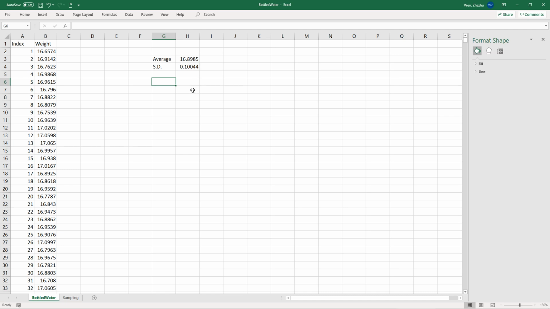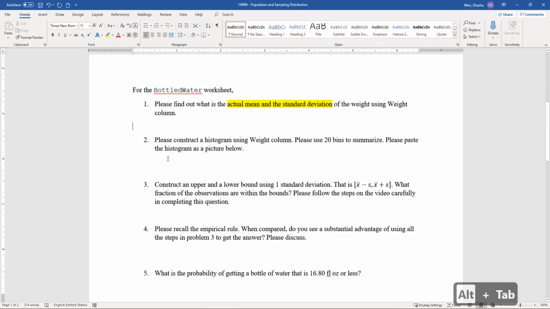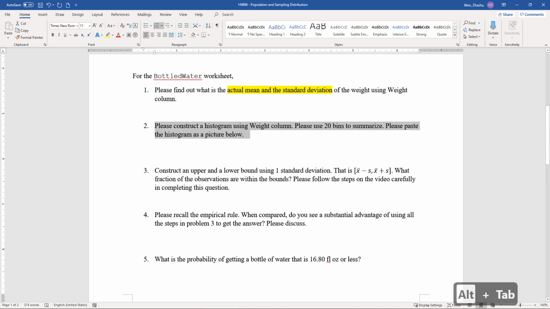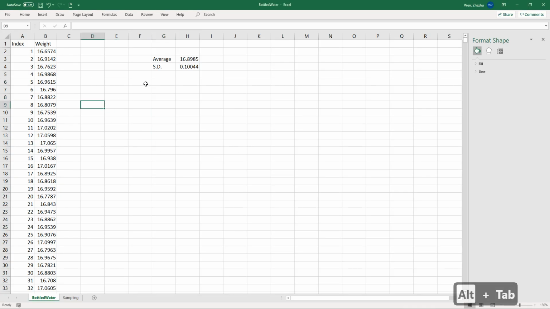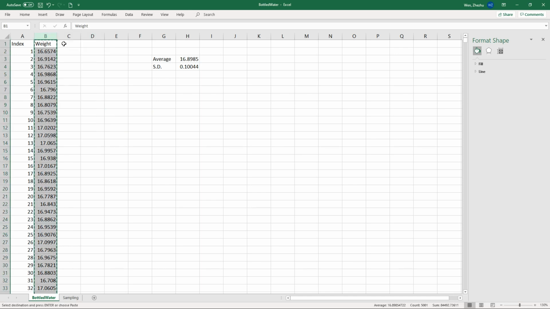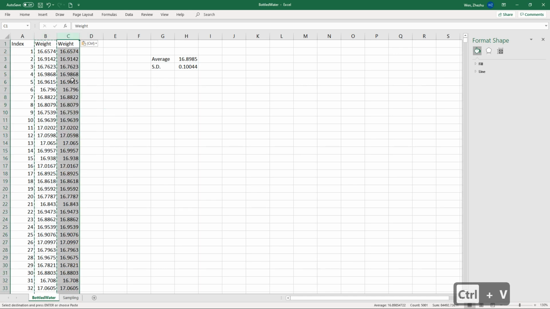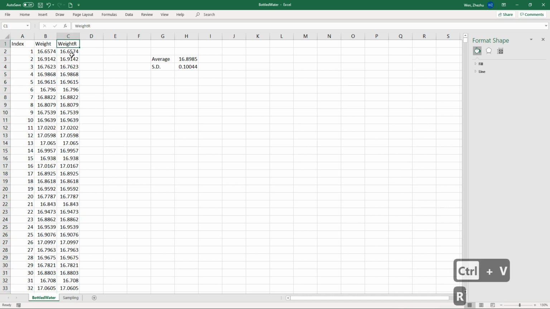For the next question, I'm asking you to construct a histogram using the weight column. Please use 20 bins to summarize, and please paste the histogram as a picture below. For one purpose, which you're going to see later, I'm going to replicate this column. I think you should definitely do the same. I'm going to use this replicated weight column to construct a histogram.